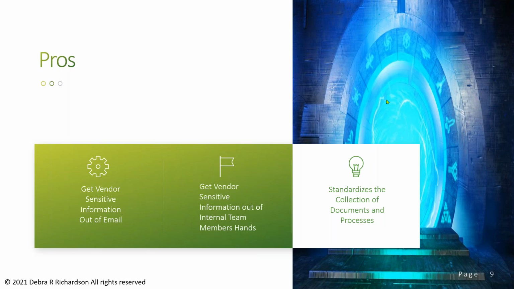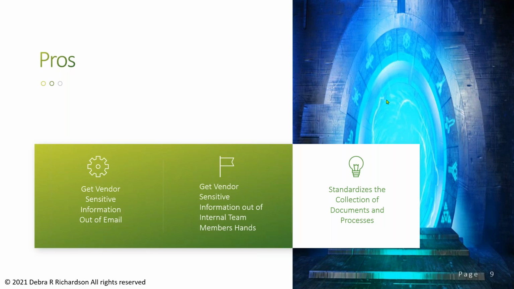Now, the second one: if you have your internal team members collecting that supporting documentation and then submitting it to the vendor team, you can use the portal to get that vendor sensitive personal information out of the hands of your internal employees.